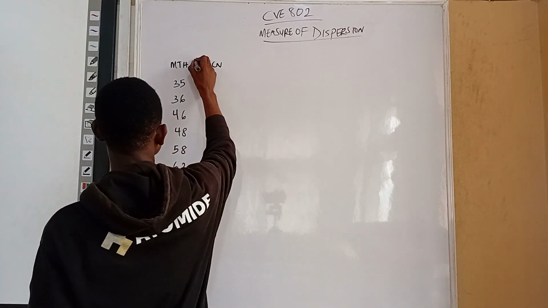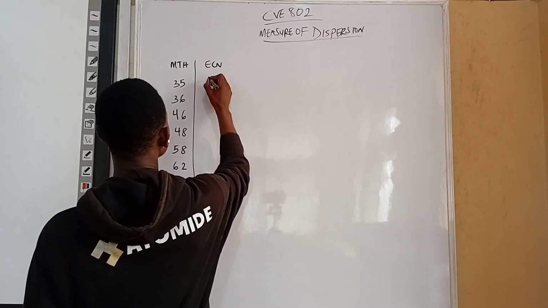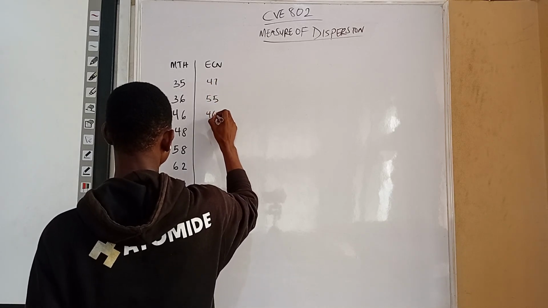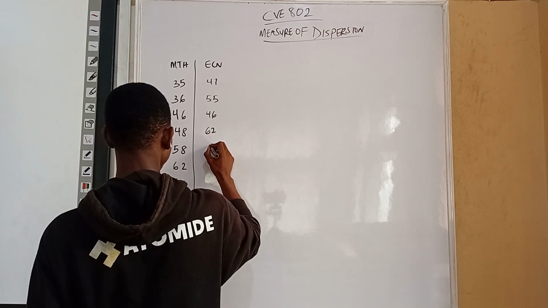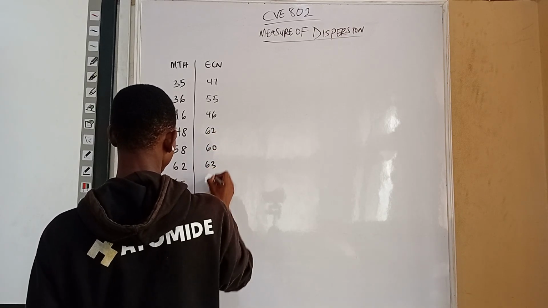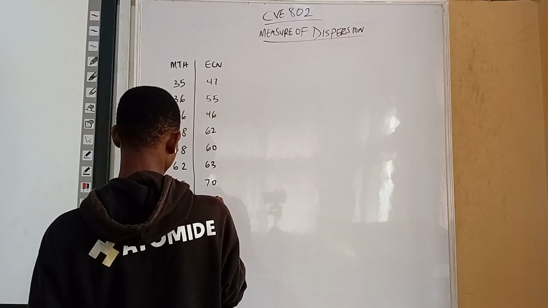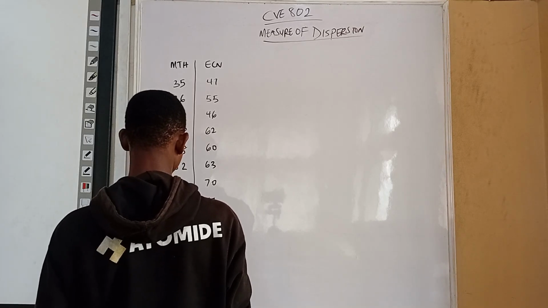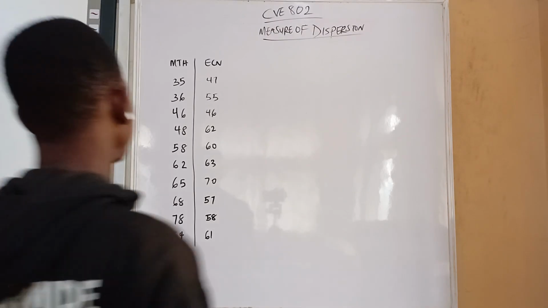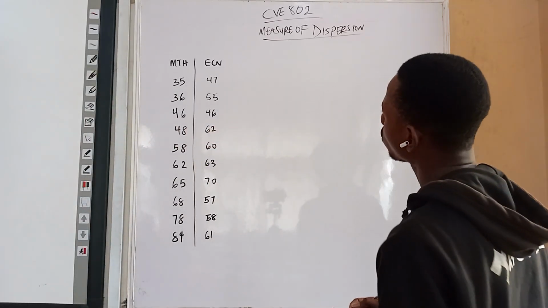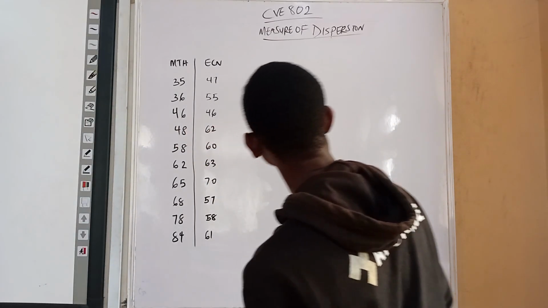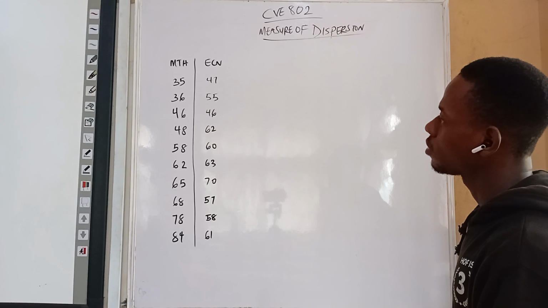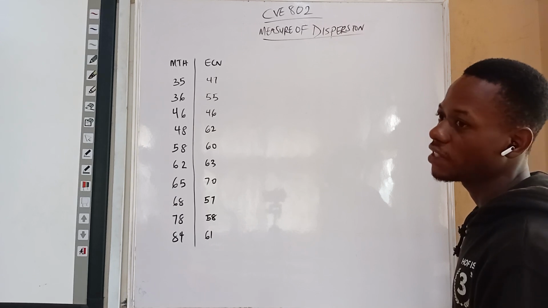For economics, we have 47, 55, 46, 62, 60, 63, 70, 57, 58, and 61. These are the various scores of the 10 students. To know how scattered they are, we can represent them graphically, and we can also find their range.